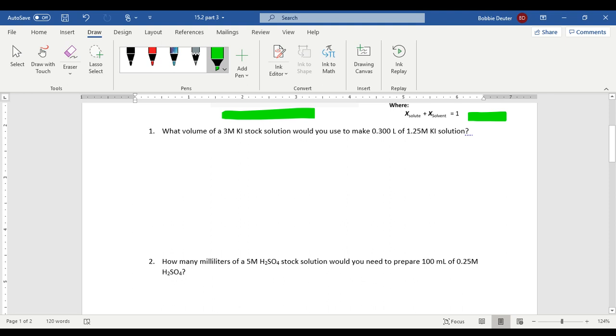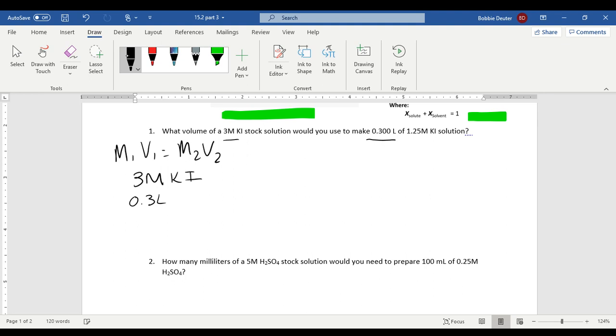So with our dilution, again, we're going to be using the equation M1 times V1 is equal to M2 times V2. So let's see what they start us with here. We have a 3 molar KI, or potassium iodide solution, and it wants us to make 0.3 liters, which would be our volume 2, of a 1.25 molar KI solution.